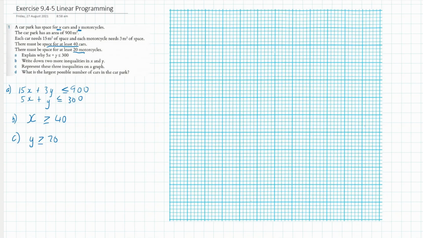Well, let's see. We need to go up to 300. What can we do? 50, 100, 200, 300. I think we can go, let's try this. 100, 200, 300.